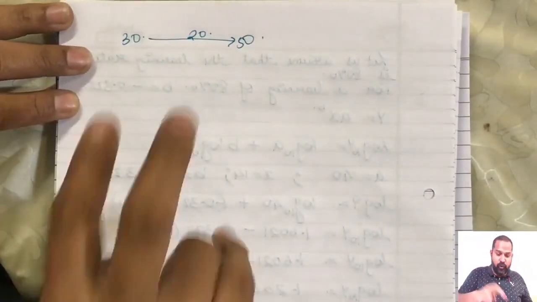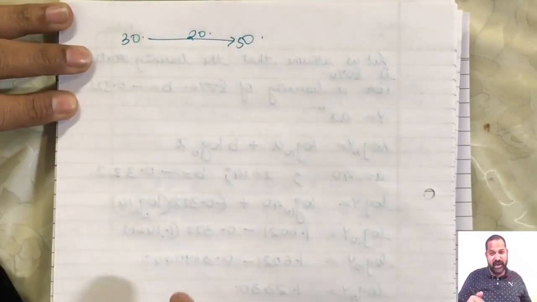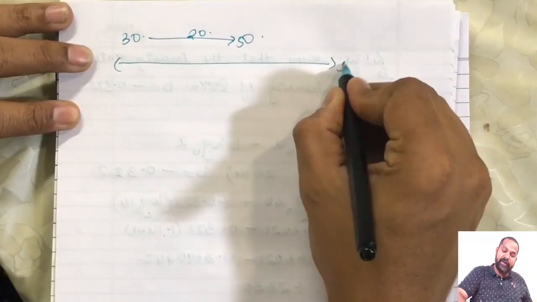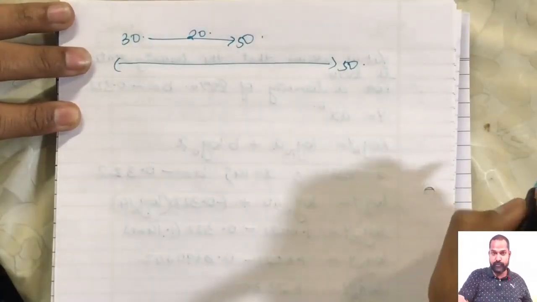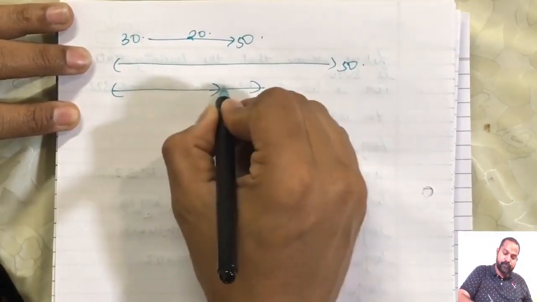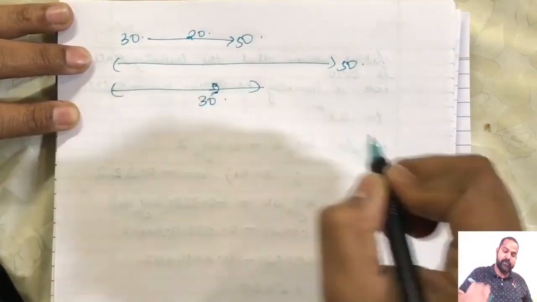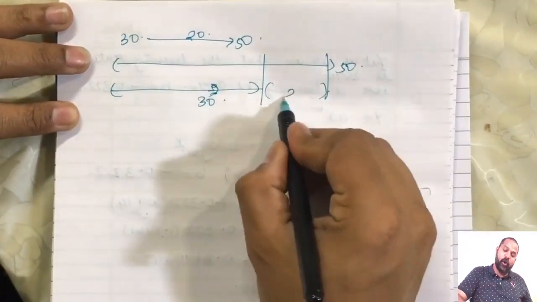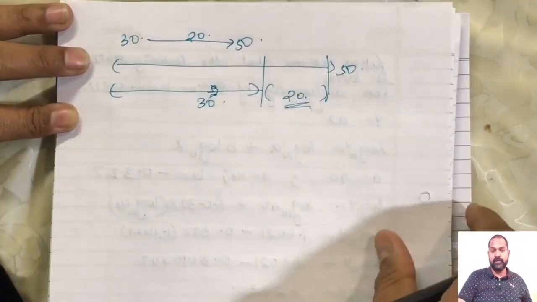And like I told you, I can't give you intermediate time. These kind of questions are asked a lot. So what do I do? Simple. I can find the total time for 50 units, I can find the total time for 30 units. Whatever is left is your second order of 20 units.